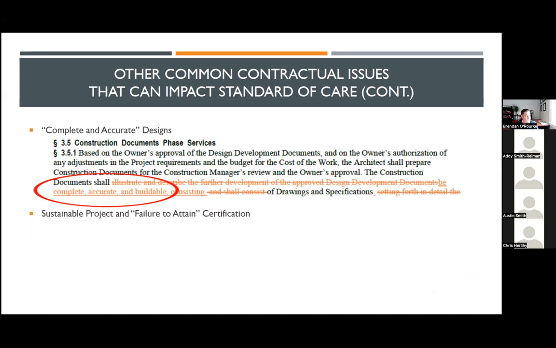And to me, probably all of you know the old phrase, that there's no perfect set of plans. And here you're setting yourself up for failure by agreeing to provide a complete set of plans. So watch out for words like that. They're unnecessary, and they may be impacting the standard of care that's actually required.